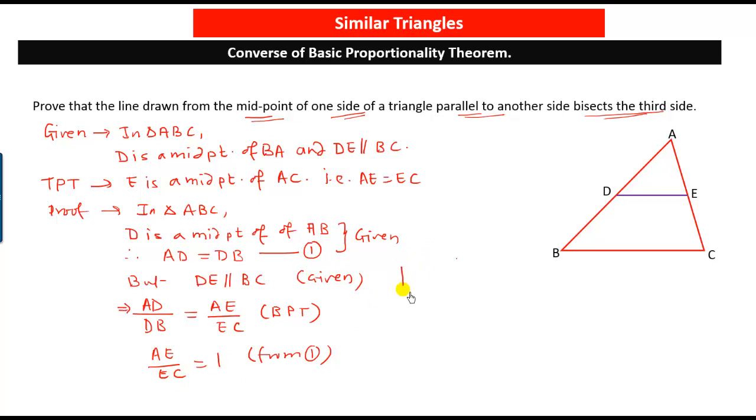And take EC to the other side, and therefore AE is equal to EC, and therefore E is a midpoint of AC, and so we can say that a line drawn from the midpoint of one side of a triangle parallel to another side bisects the third side.